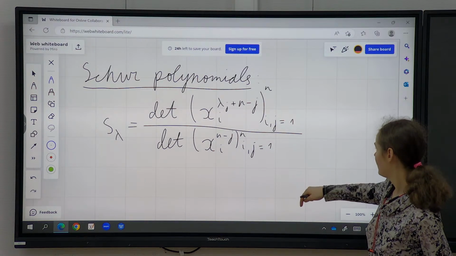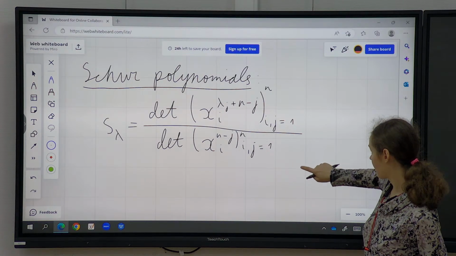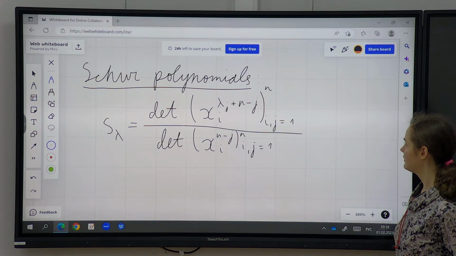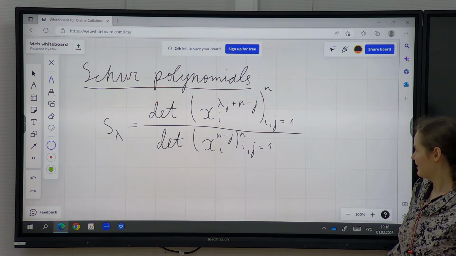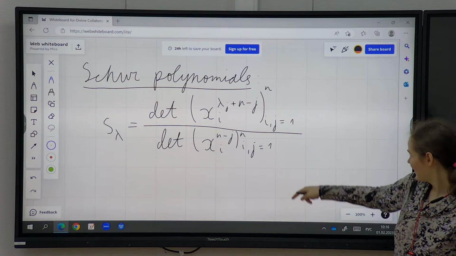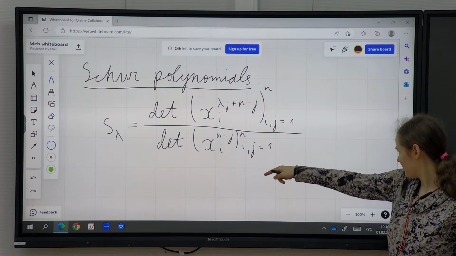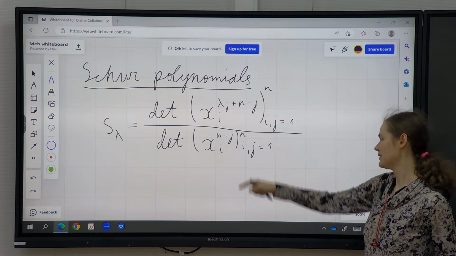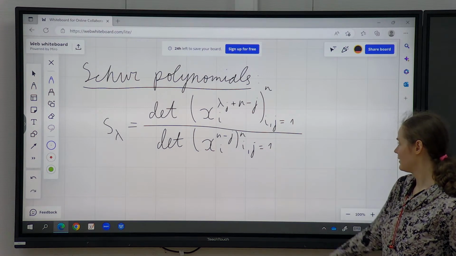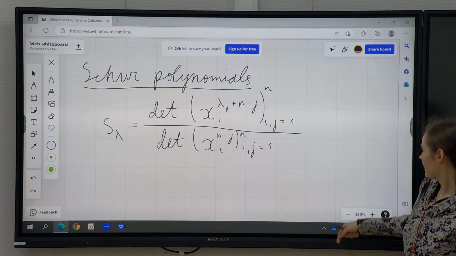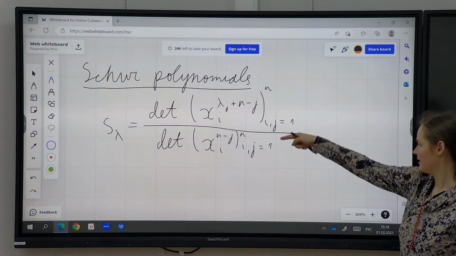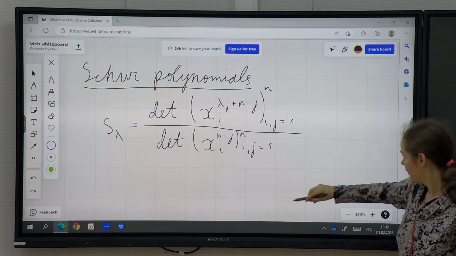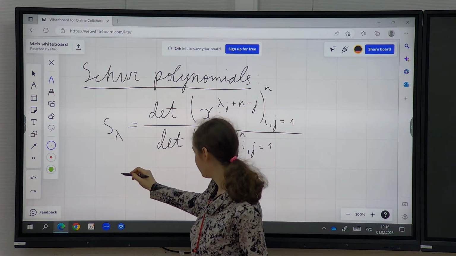We have proved that these Schur polynomials are, first of all, polynomials, so this determinant is divisible by the denominator, and that they are symmetric, and that they form a basis of the ring of symmetric polynomials.